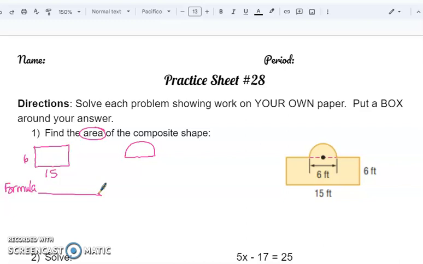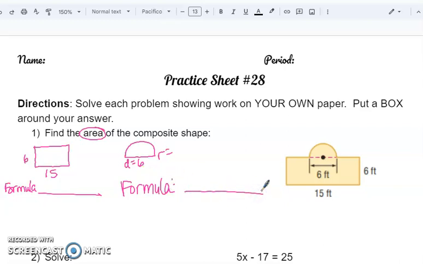Then we have this semicircle, okay? This is 6. And again, I need you to remember this is the diameter because when we do area, we actually want the radius. So remember, find the radius. It's half of 6, okay?